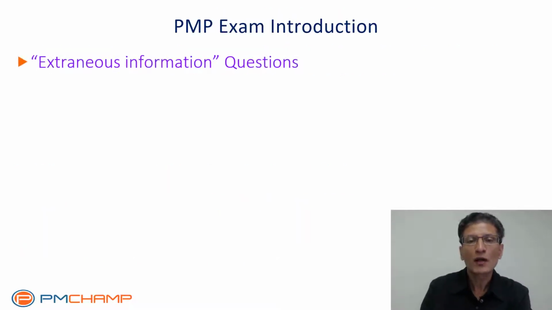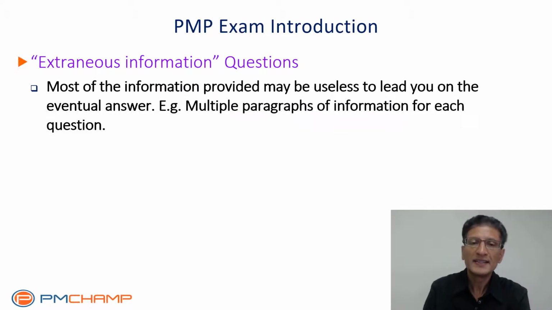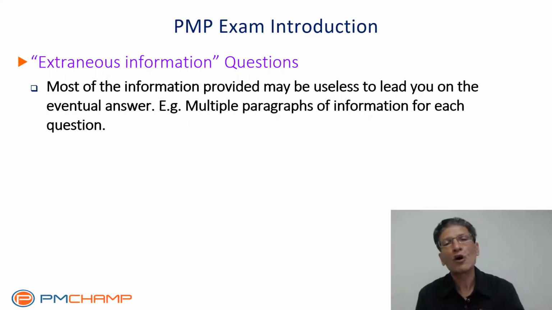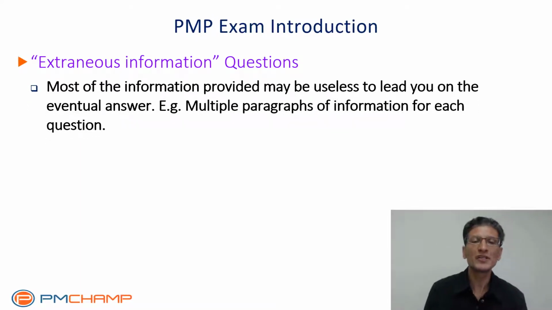Such questions are called extraneous information questions. That means they will provide you with a lot of useless information that will not help you in any way. It is just multiple paragraphs of information. Such questions can be one, two, or three paragraphs long, and after reading through the whole story, you realize that the story was completely bogus.